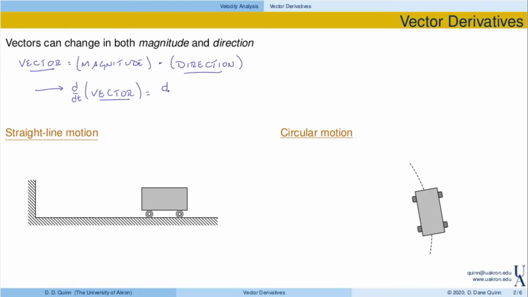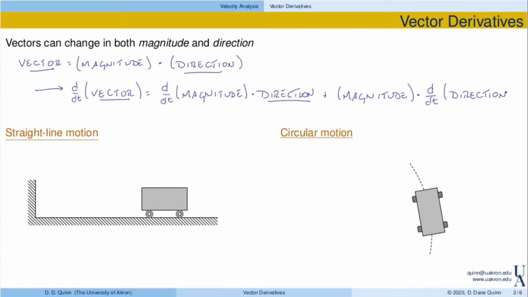So it's going to be the derivative of the magnitude times the direction plus the magnitude times the derivative of the direction. And the resulting quantity would be the derivative of the vector as a whole.